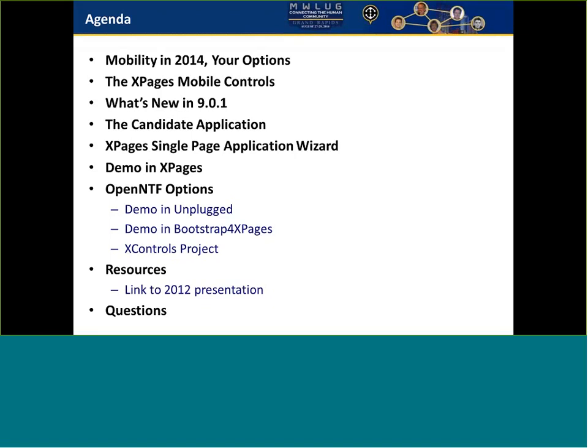I came back and did a reboot of that presentation, and I make reference to it at a number of different spots today. So I'll compare and contrast the differences, but the key thing that captured my attention at IBM Connect 2014 this year was the introduction of the single page application wizard. Having done that presentation in 2012, and having gone through the experience of building and using the mobile controls, I saw how much easier it is to use the single page application wizard. So I want to demo that.